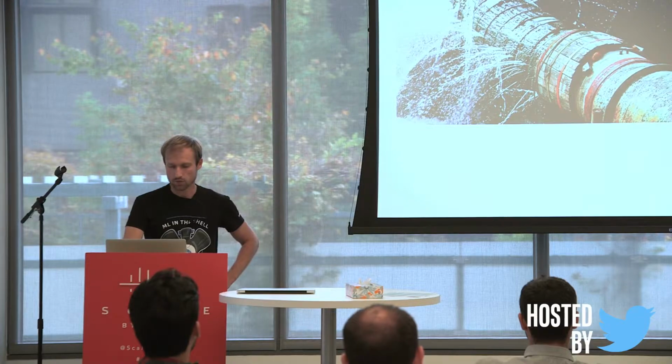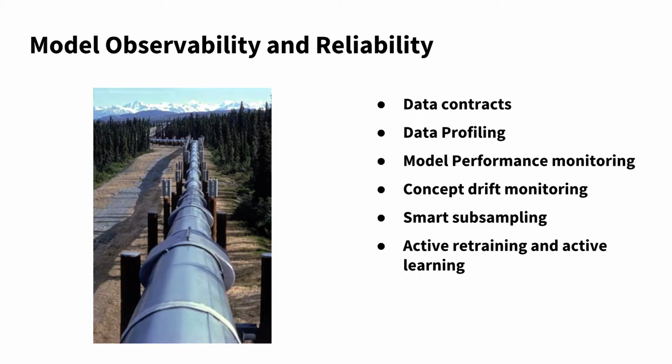And one of the best practices, or recipes, for providing observability and reliability of machine learning models in production is to use data contracts. Data contracts means protobuf contracts that describe the inputs and outputs of your model.